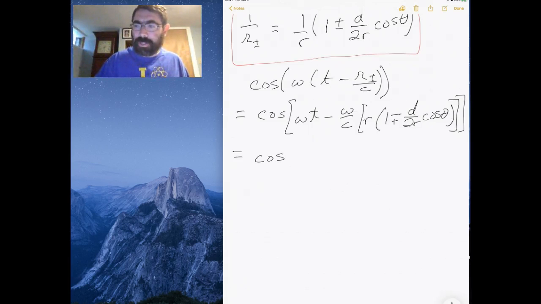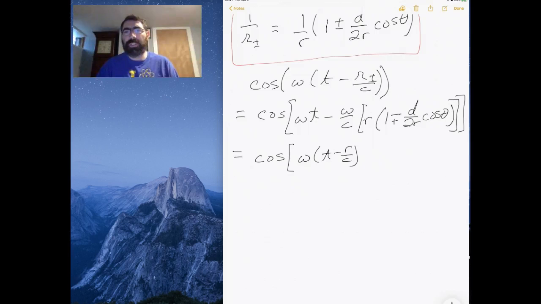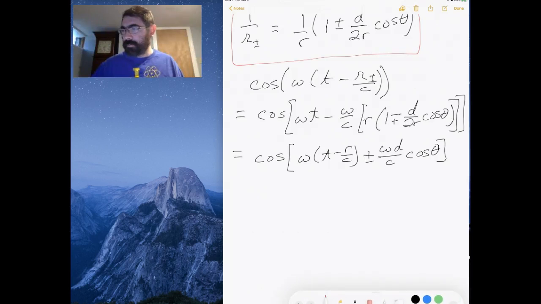I get cosine of omega t minus r over c, which is essentially the retarded time, the time at which the radiation started, plus or minus omega d over c cosine theta. The r's cancel each other, and we're left with this term right here.